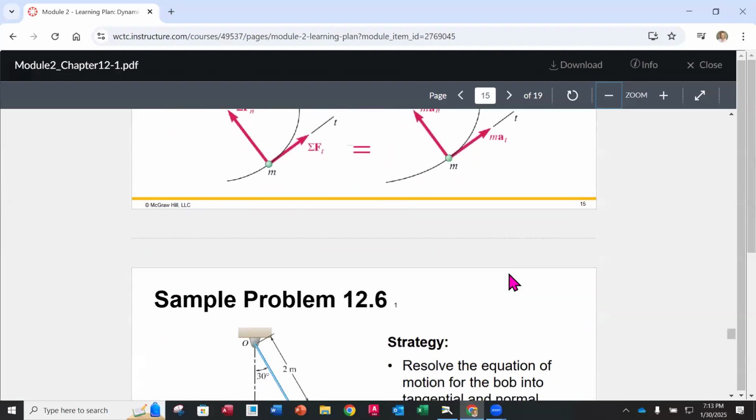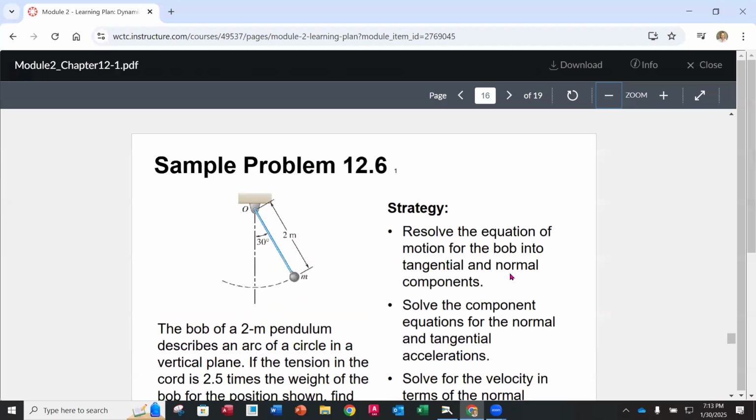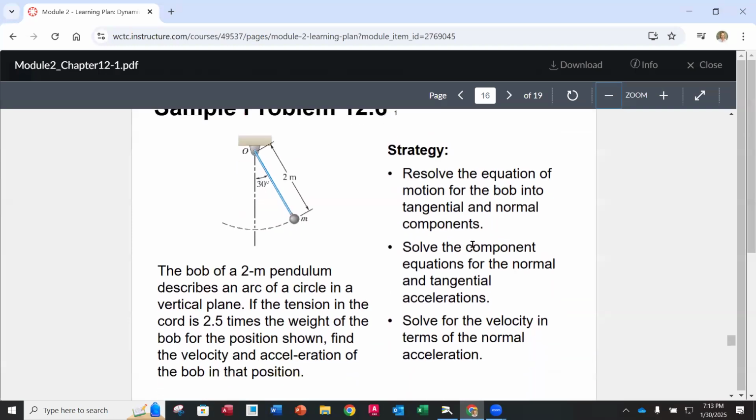So if I go here, sample 12.6 is going to be the problem that we look at. So here we have a bob. It's really just this ball on the end of this cord, with a 2 meter radius here. The pendulum is described as an arc of a circle in a vertical plane.